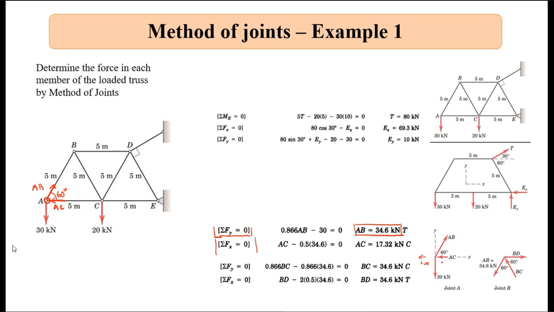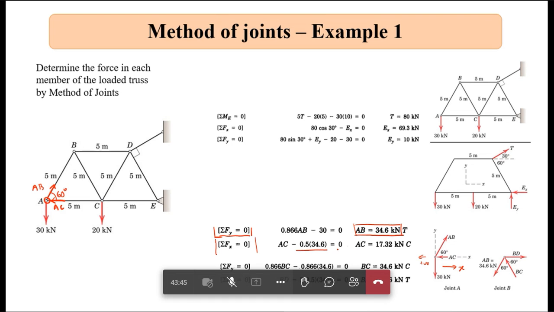You can take the opposite also. You can take this direction as positive x. So AB cos theta, 34.6 cos theta, that should be equal to AC. That is what they have done.